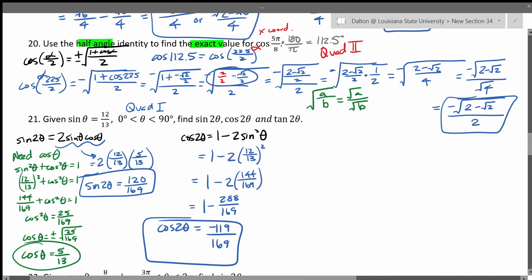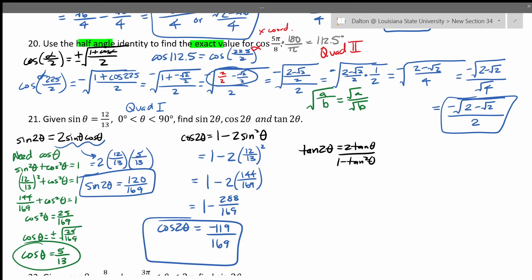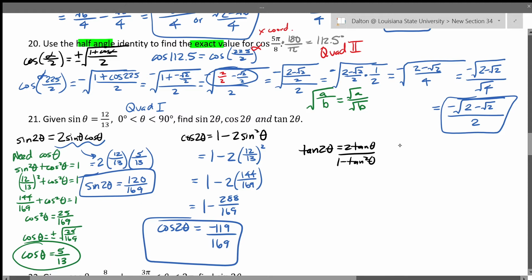The last double angle is tangent of 2 theta. That identity says tangent of 2 theta is equal to 2 tangent theta over 1 minus tangent squared theta. So I need tangent of theta. Well, I already have sine and cosine.